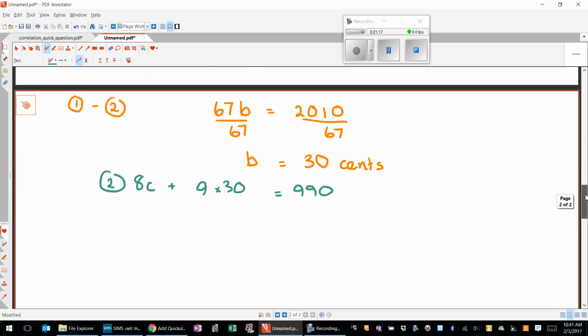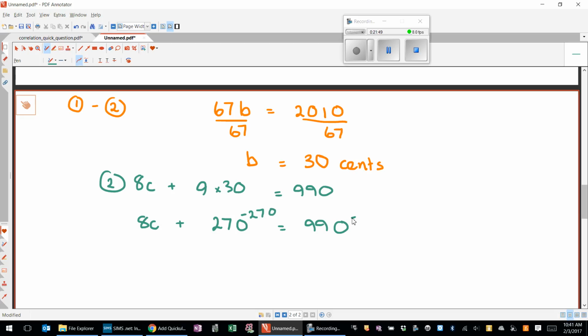So 8c plus 270 is 990. So afterwards, maybe too many colour changes slows you down. Do it afterwards. So how can we solve this one? So minus the 270.